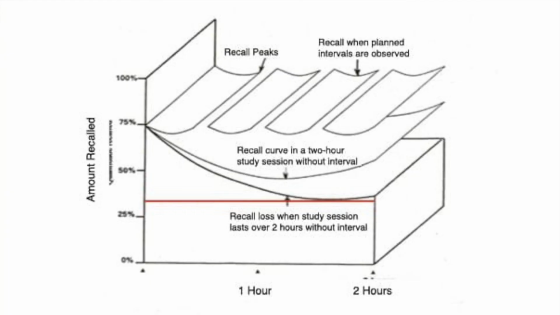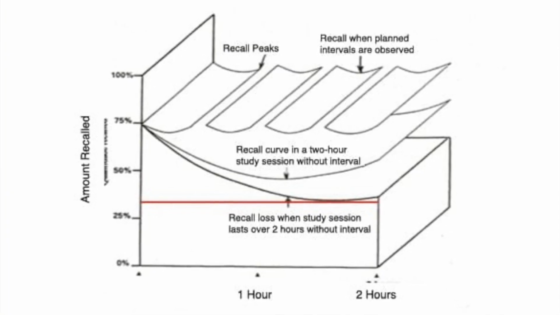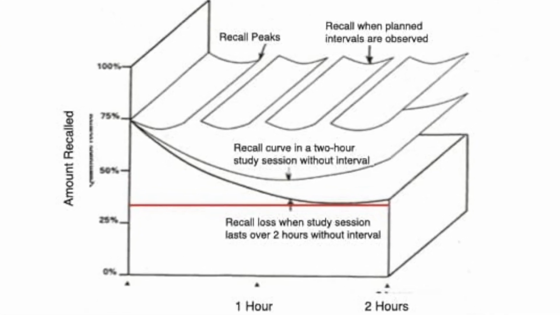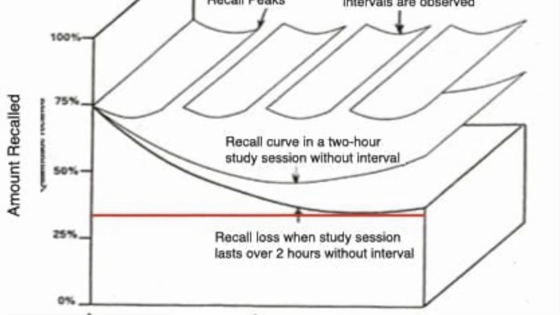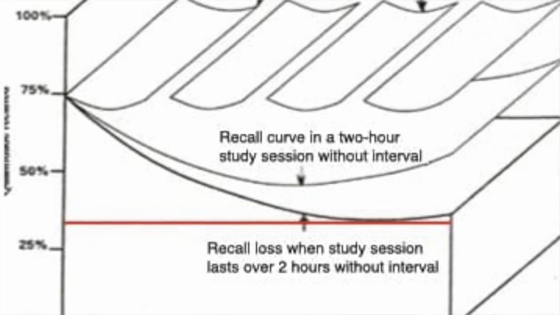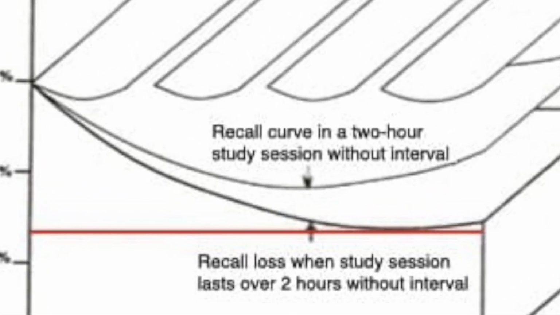Once again, I want you to remember that if you study for a long period of time without stopping, the first 15 to 20 minutes will be of great performance.